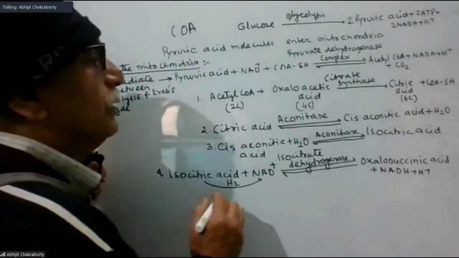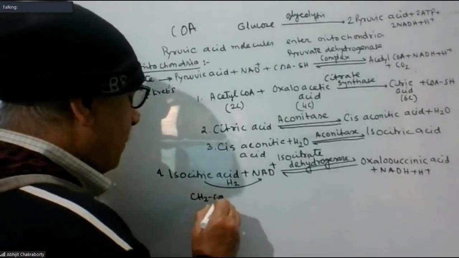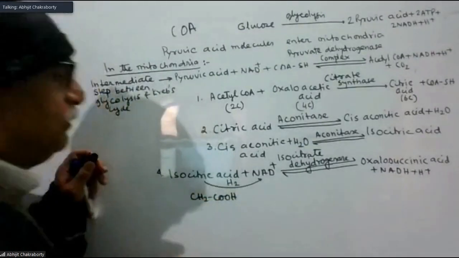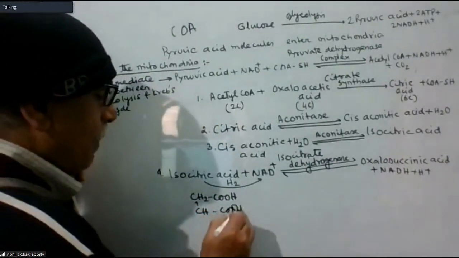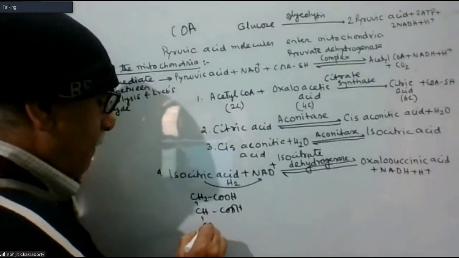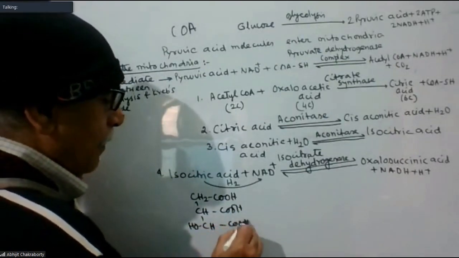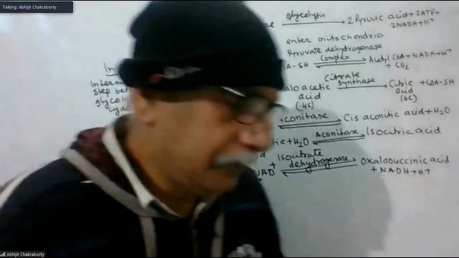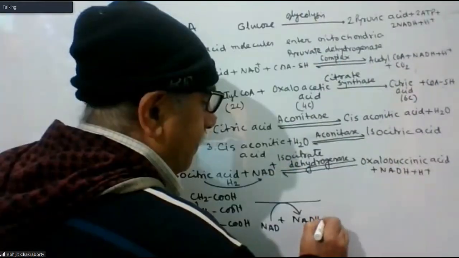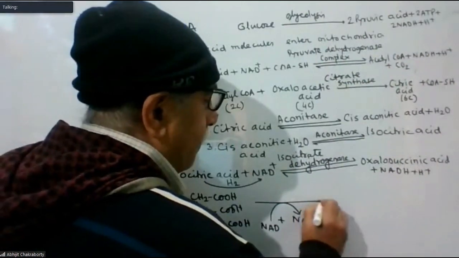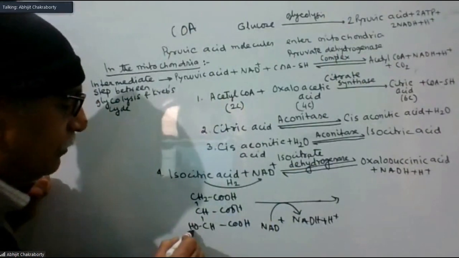What happens here? How does it occur? CH2COOH, COOH. So from here, these two hydrogens are removed, these two.